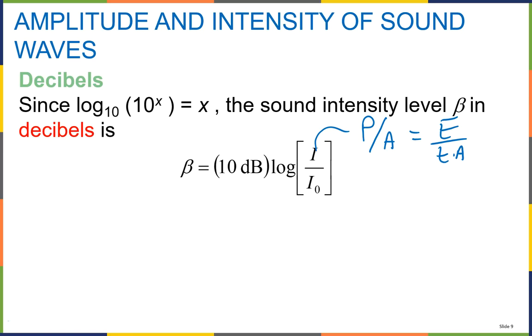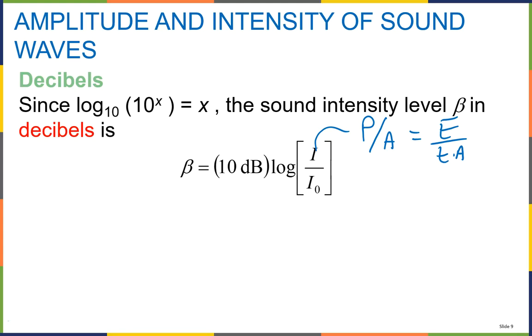So if you go 1 centimeter away from my mouth compared to 1 meter away from my mouth, the area of a sphere, because it's spreading out as a sphere, is proportional to radius squared. So if it's 100 times farther away, your area is 100 squared, or 10,000 times bigger, which means the intensity is 10,000 times smaller.